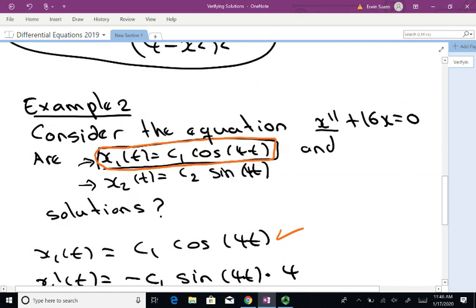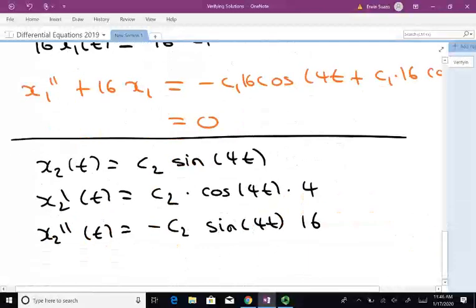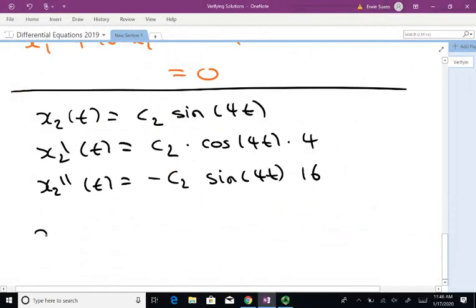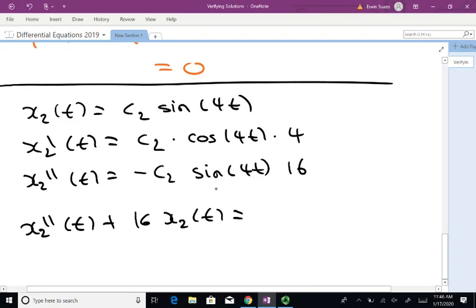And now my equation says x second prime plus 16x. So I'm checking it for x2, so I have to do x2 second prime of t plus 16 x2 of t. So I get minus c2 sine of 4t 16 plus 16 x2.